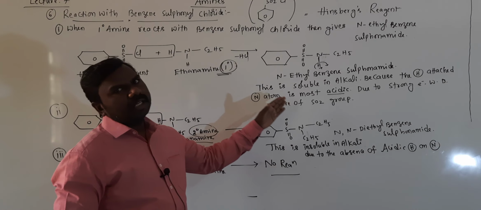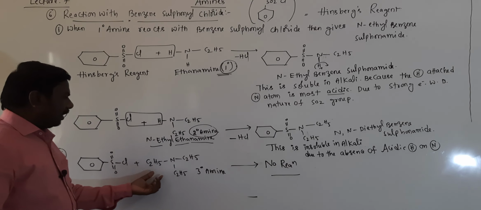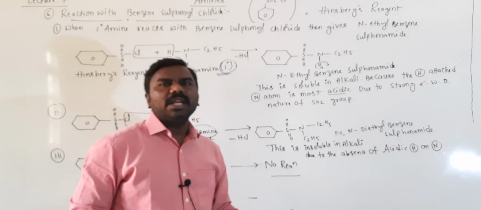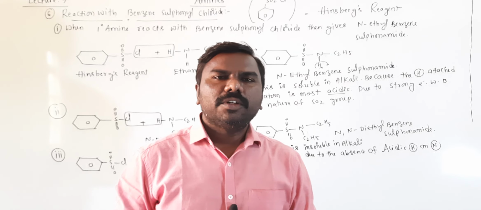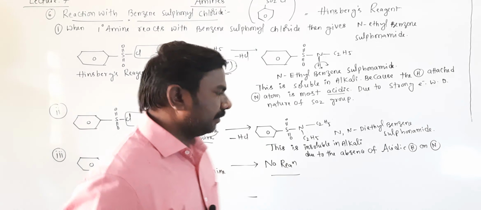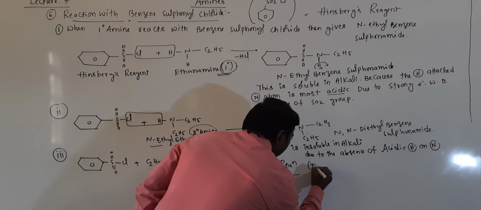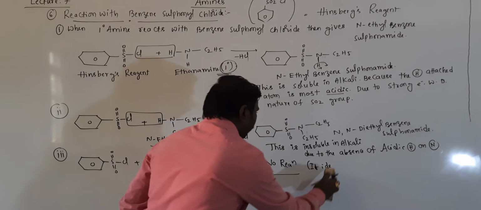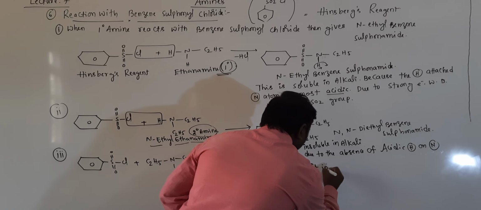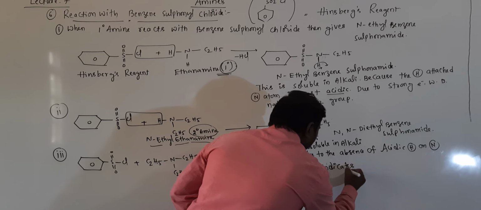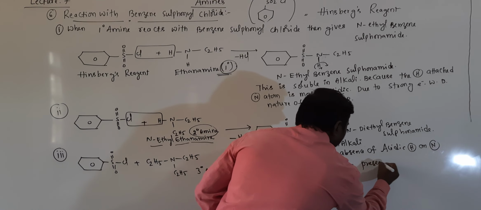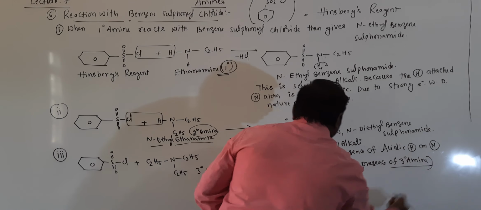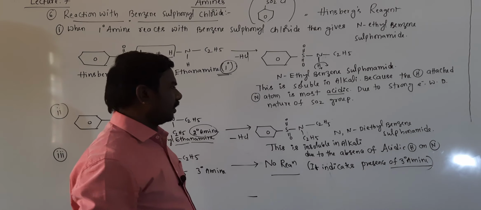The solubility in alkali indicates the primary amine. When a tertiary amine reacts with benzene sulfonyl chloride, there is no reaction. No reaction indicates the presence of tertiary amine.